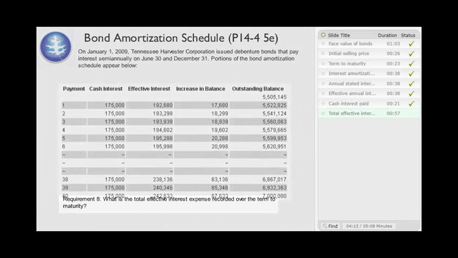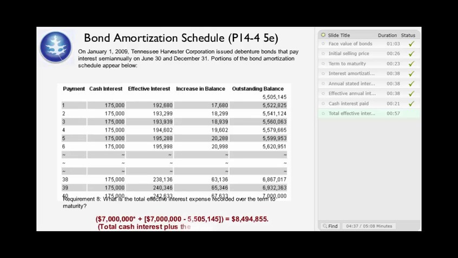Requirement 8 asks, what is the total effective interest expense recorded over the term to maturity? To solve this one, we take the total cash interest plus the discount. We know there was cash interest of $175,000 times 40 periods, which gives us $7 million. Then we add in the difference between the $7 million face value that we see in the bottom column for period 40 and the original outstanding balance.